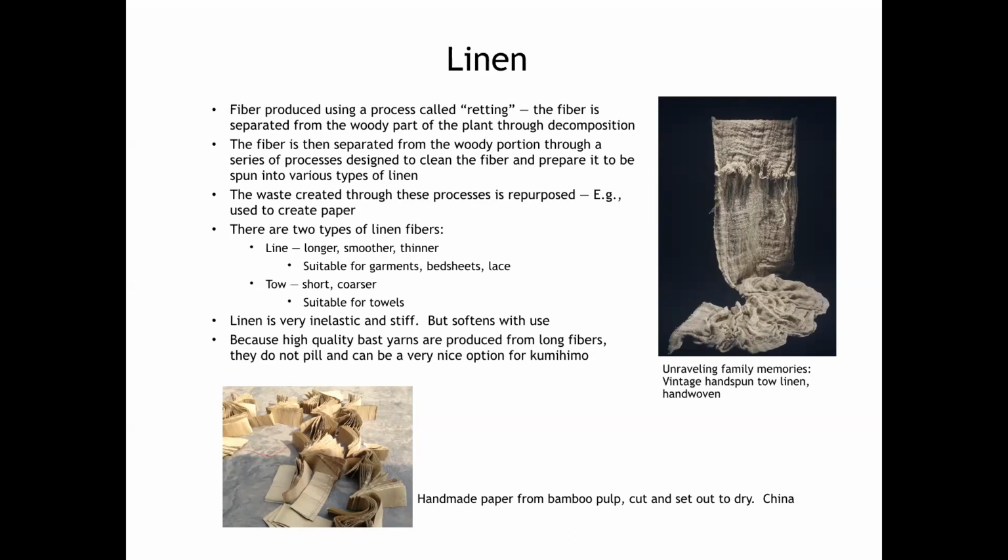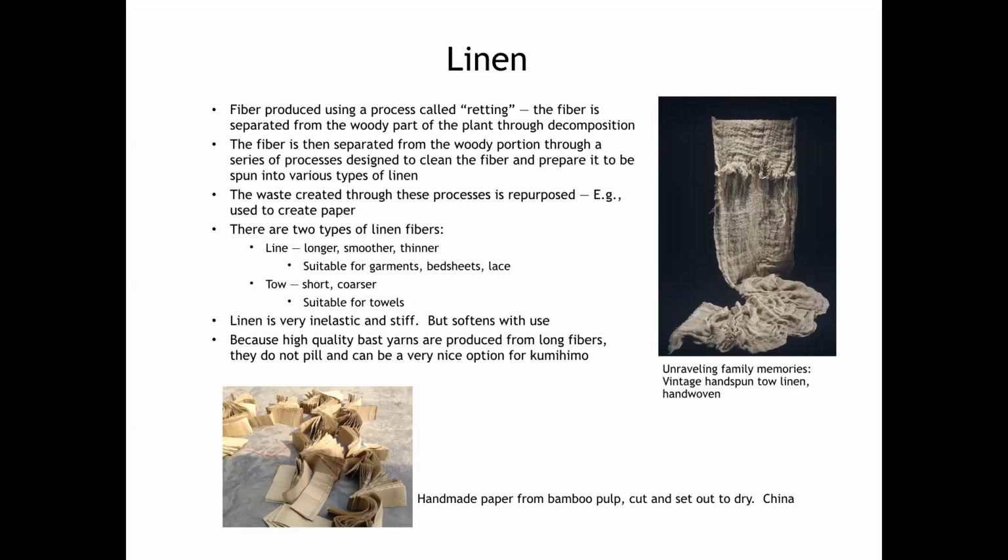Once the decomposition has reached a certain level, then the fiber is separated manually or with machines, and the woody portion is not thrown away because it's going to be processed again to make pulp, which is then used to make paper, as an example. So nothing goes to waste. That's an important part to remember, that nothing goes to waste.